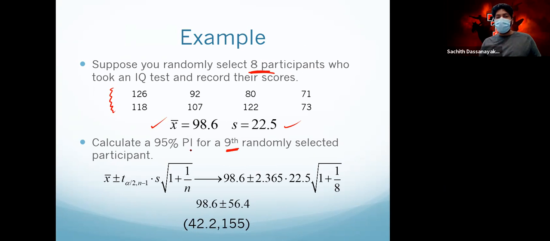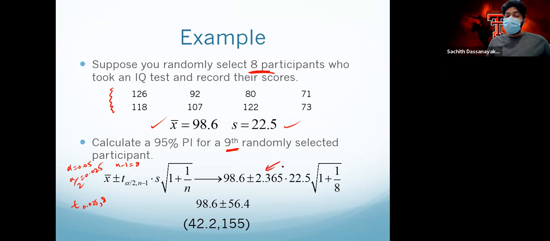So t alpha, it is 95%, so alpha is 0.05. Alpha over 2 is 0.025. Degree of freedom n minus 1, it is 8. Once you go to the table, you can find 0.258. Okay, that value is this one. X bar is 98. They have given it.